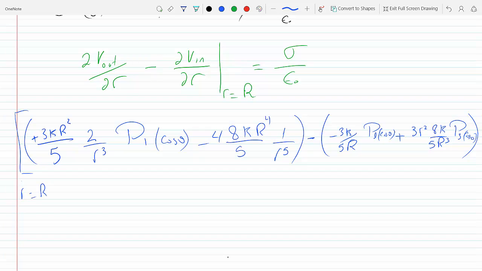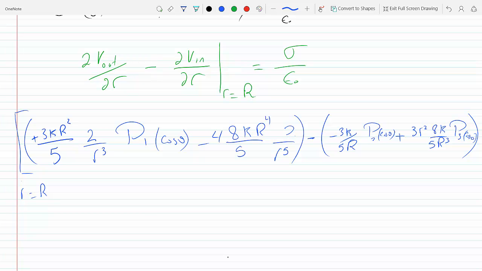I think I forgot a P3 on this one. Wait, what's this one? Yeah, there was a P1 cosine theta here.